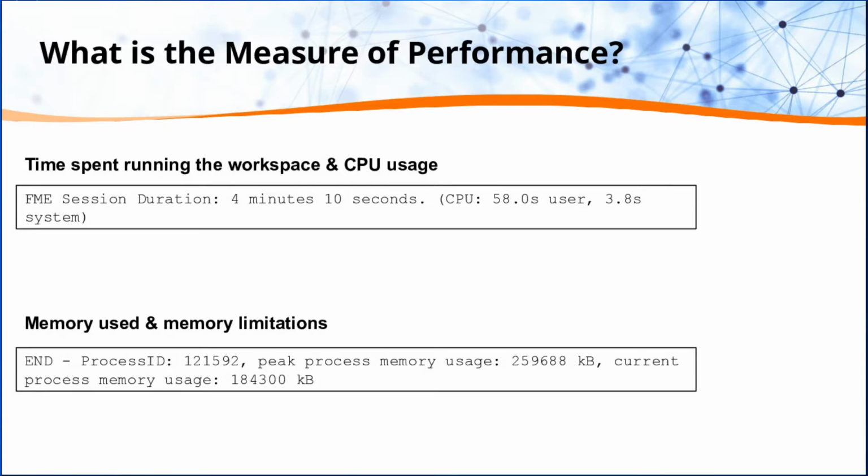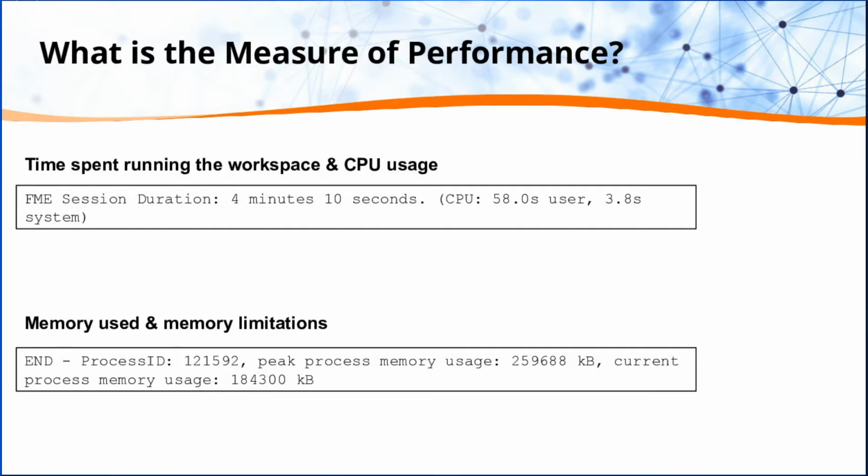In this case, this might involve retrieving features from or writing to a database, or it could be that we're working with a web-hosted service, such as ArcGIS Online. So with CPU, maybe our computer is limiting our workspace runtime.